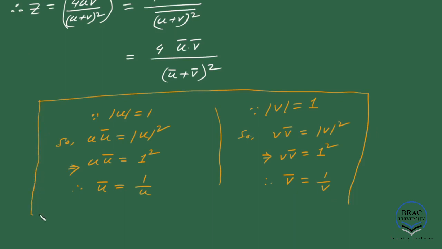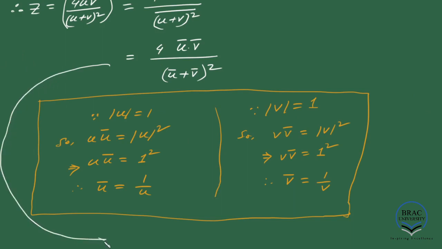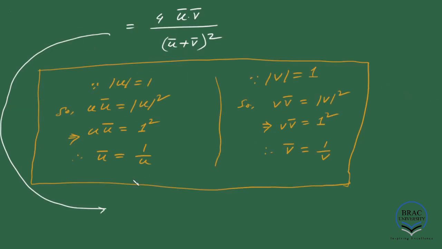So I'm going to box this off over here because we might be able to use it over and over again. So let's go back where we left off. This is where we were. So this was basically z bar, right? Then z bar is going to be equal to 4 times the conjugate of u, and we know now that the conjugate of u is 1 over u and the conjugate of v is 1 over v.